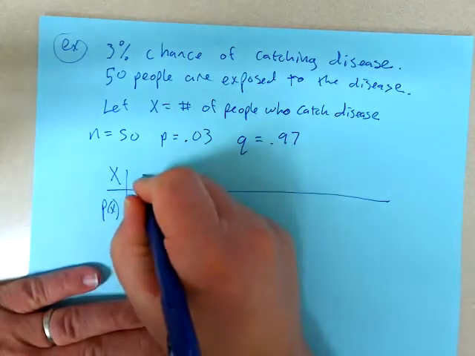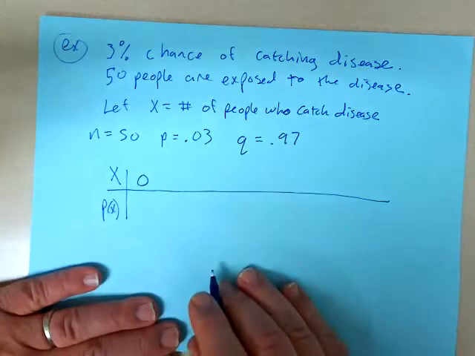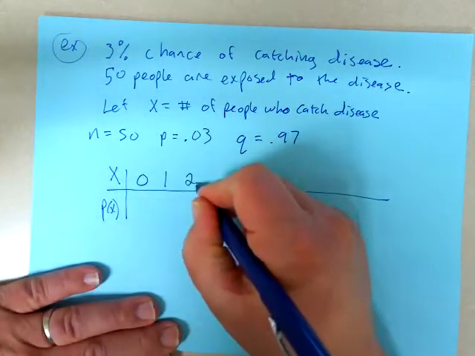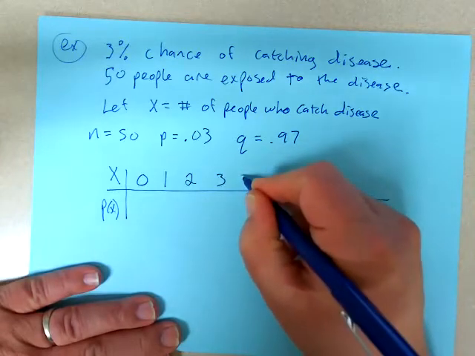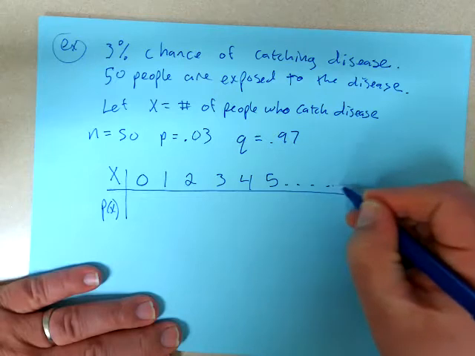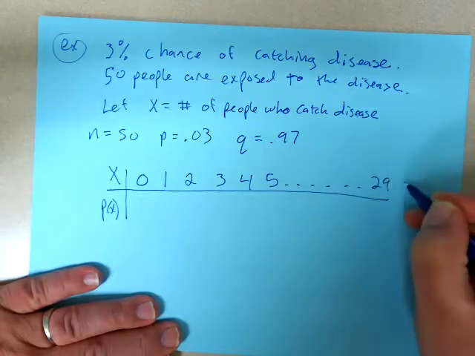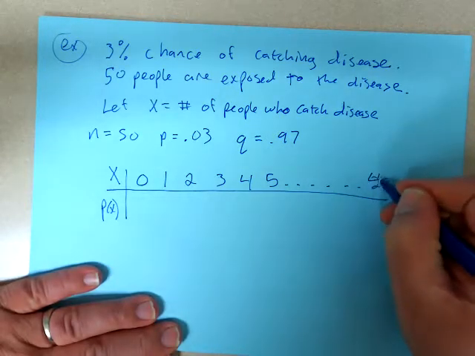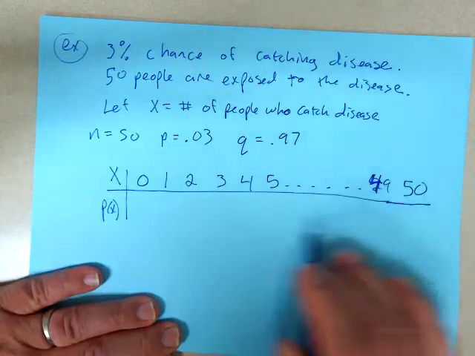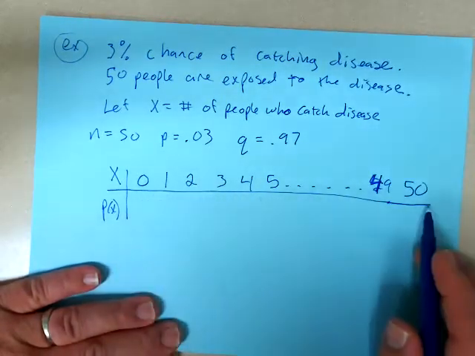And they would go from 0, because you could have nobody catching the disease, or 1, 2, 3, 4, 5, and this would go on up to 49 and 50. So you'd have the numbers 0 through 50.